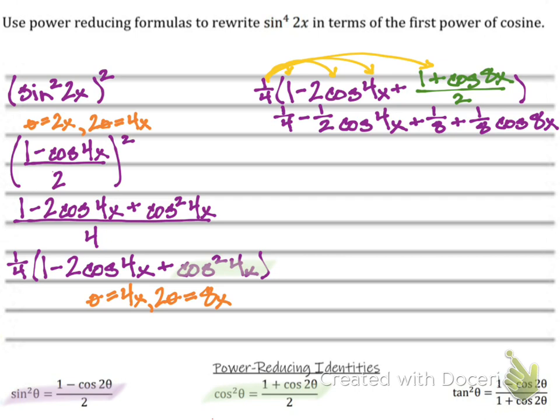And then the last thing I have is I have a 1/4 and a 1/8. And 1/4 plus 1/8 is 2/8 plus 1/8, which is 3/8 minus 1/2 cosine 4x plus 1/8 cosine 8x. So that's your answer.